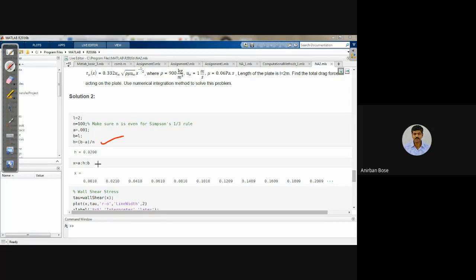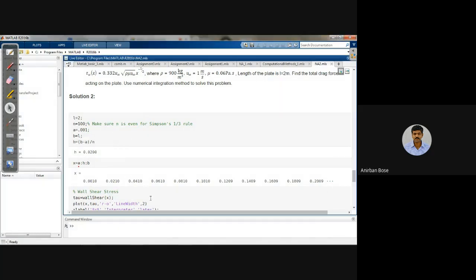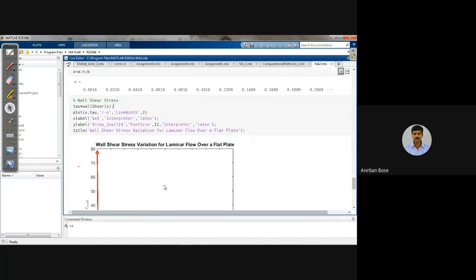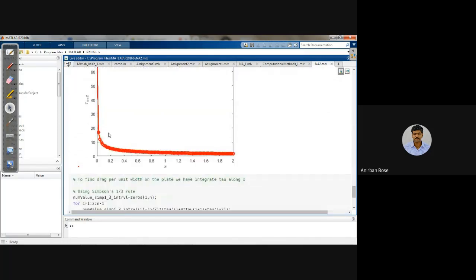Same h, create x from a to b with h. So all these things are exactly how we have done earlier. And finally, if you want to see the plot of wall shear stress, how wall shear stress varies, I have just plotted it to check how wall shear stress is changing with x.